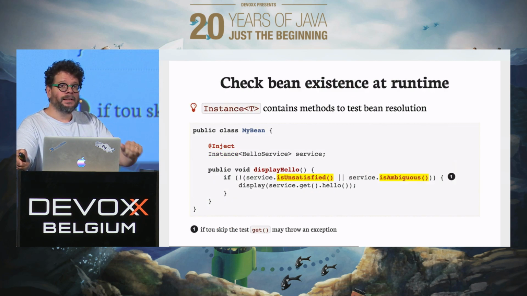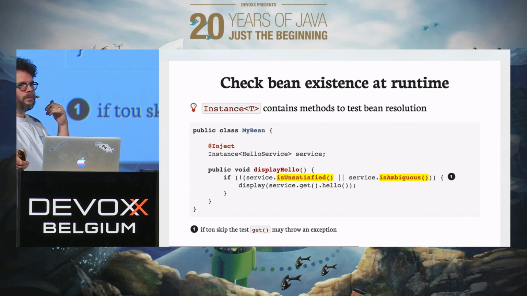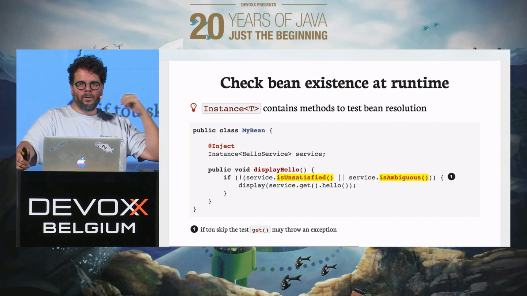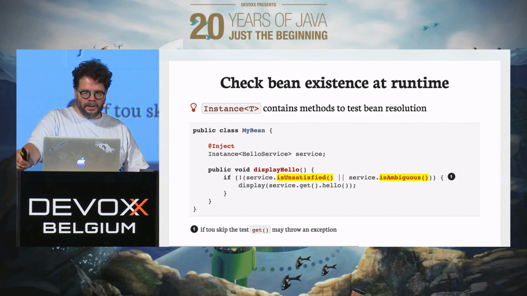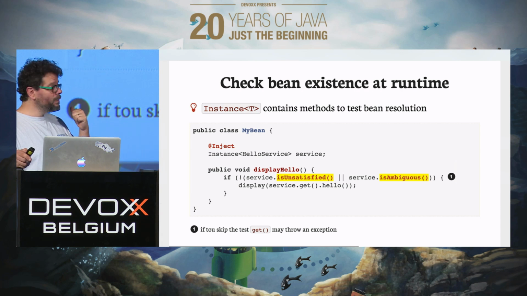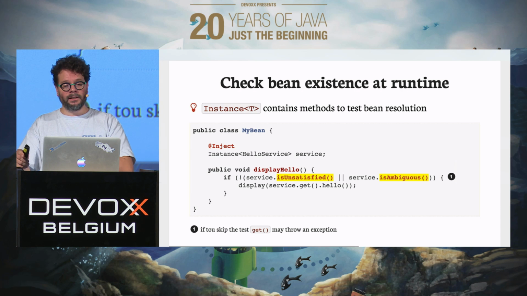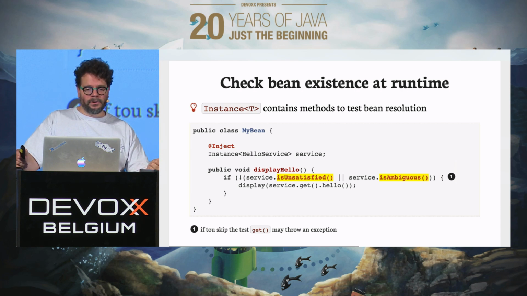What you can do is check the bean existence at runtime. I said before that at deployment time, the container was checking all injection points and so on, and gave you an error if injection points were not satisfied. We have a solution to avoid that, which is to use the injection of Instance instead of injection of the bean directly, and do this resolution at runtime.